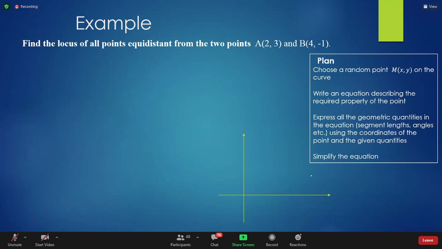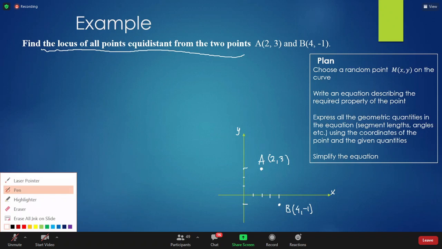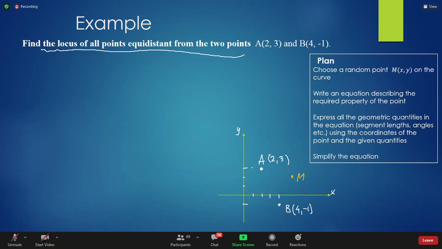So supposing we have these 2 points, now we need to find the locus, that is the geometrical placement of all points equidistant from the 2 points, that is at the same distance from the 2 points. So remember we said, let's choose any point on this locus, and let it be M with coordinates x, y.